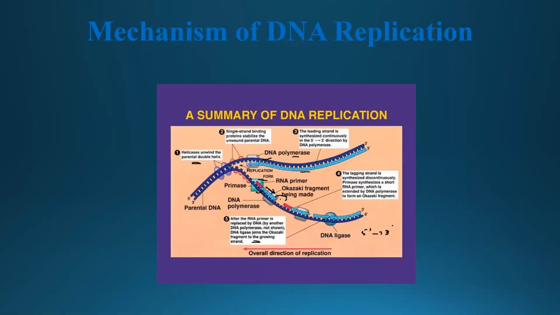Okay, so this type of replication is known as semi-conservative replication. Talking about this, let's talk about the different types of replication. There are basically three modes of DNA replication.